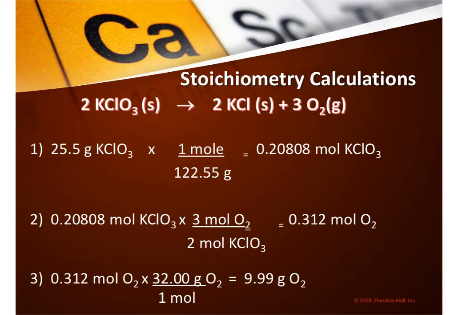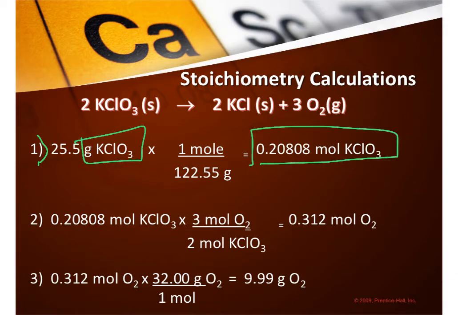Alrighty, and here's the actual work. Now, as always, you can do it in 3 separate steps, as I've done here, or if you want to save time and you're comfortable with it, do it in one long run-on calculation. So, as I said before, step 1 is converting from grams of KClO3 to moles of KClO3. And of course, we know that we always divide by the molar mass, right? This is the molar mass of KClO3.